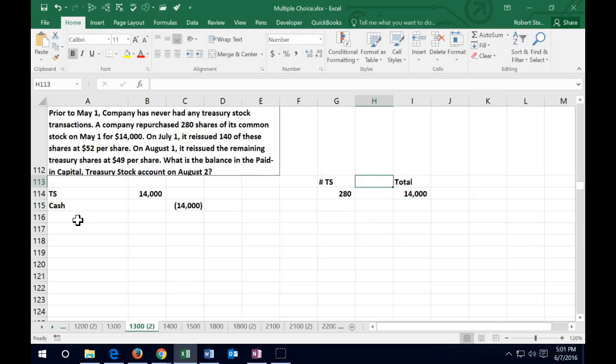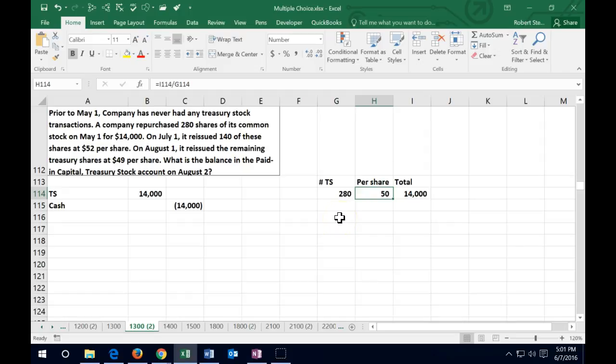Therefore, the cost per share is going to be dividing those. 14,000 divided by 280 would then be the cost we paid per share. So we're going to figure that out. It's going to be the 14,000 divided by the 280. That means it costs $50 per share.